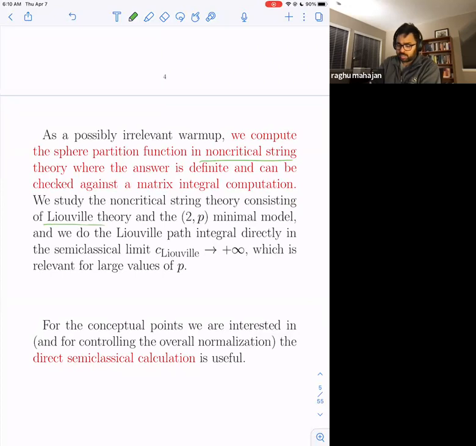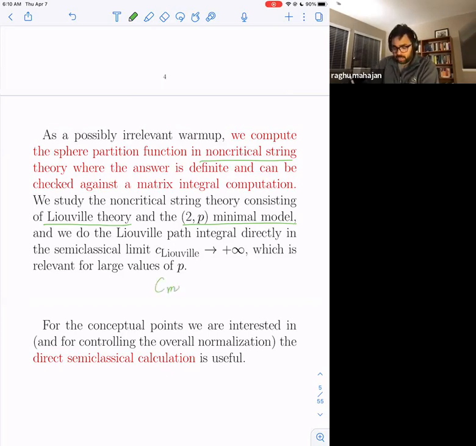So there is a Liouville sector, which does not decouple. There is a (2,p) minimal model, which has a central charge less than 1, and actually less than or equal to 0 in this case. And basically, we do the Liouville path integral directly in the limit when the Liouville central charge is plus infinity, which is the same as making p large.